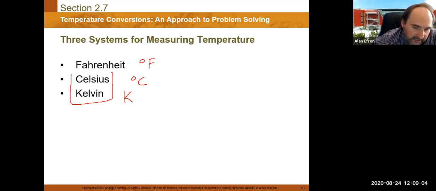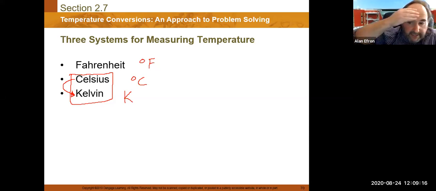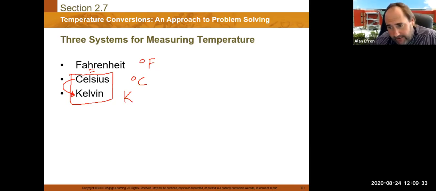Now, in terms of chemistry and science in general, these are the two scales we come across the most. Usually in chemistry, we're going from Celsius to Kelvin, and that's a very common conversion. Outside of chapter 2, you probably won't come across too much Fahrenheit in chemistry. But you do need to be able to convert between all three of these scales. It's rare in chemistry problems that a temperature is given in Fahrenheit.